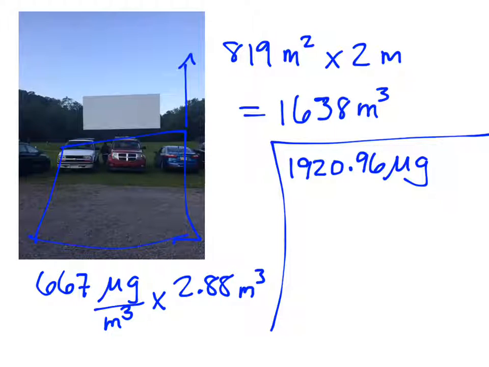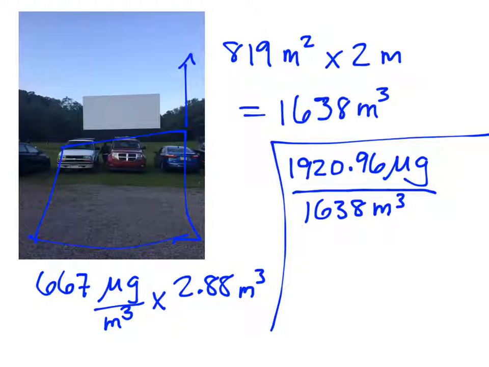So the meters cubed canceled out. Then to find the concentration in my drive-in theater space, I divided that by 1638 meters cubed.